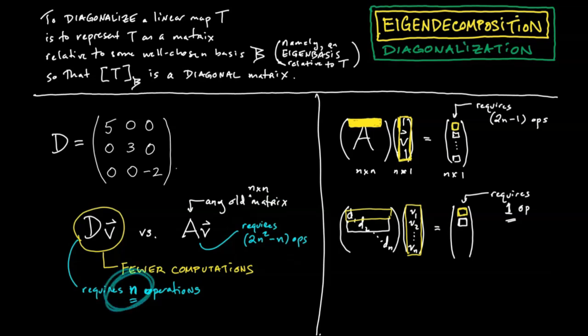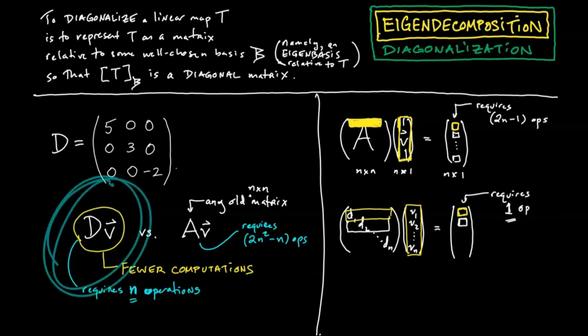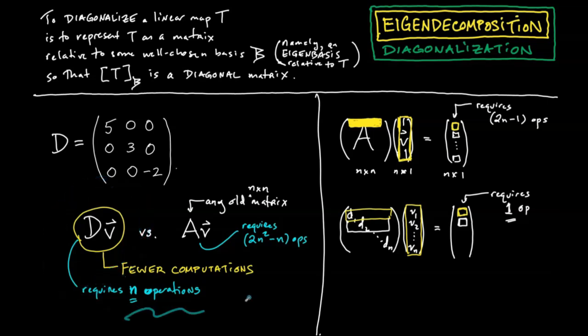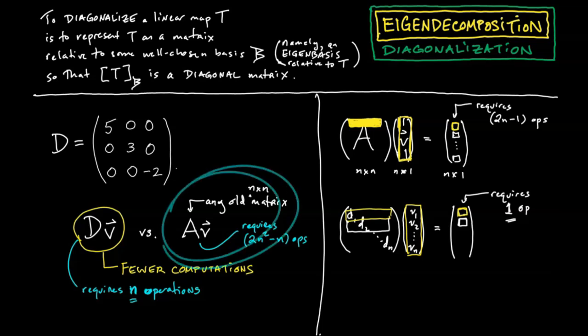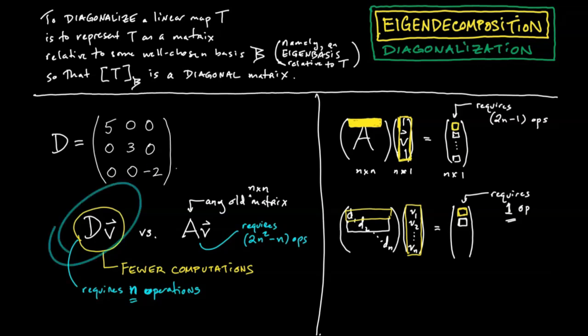And if n is 1,000, if we're working with 1,000 by 1,000 matrices, in the one case, with a diagonal matrix, we have only 1,000 operations to do. With the non-diagonal matrix, we have almost 2 million operations to do. Of course, you and I aren't going to do those operations by hand, even with 1,000, but our computers will. And our computers are much happier doing 1,000 things than doing 2 million things. They can do the 2 million things, but it's going to require a lot more time and slow them down, which we don't like. Good.